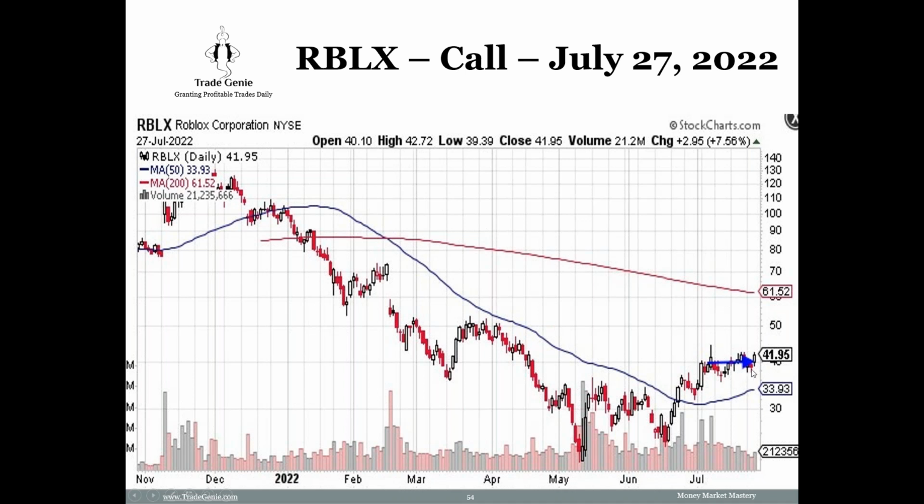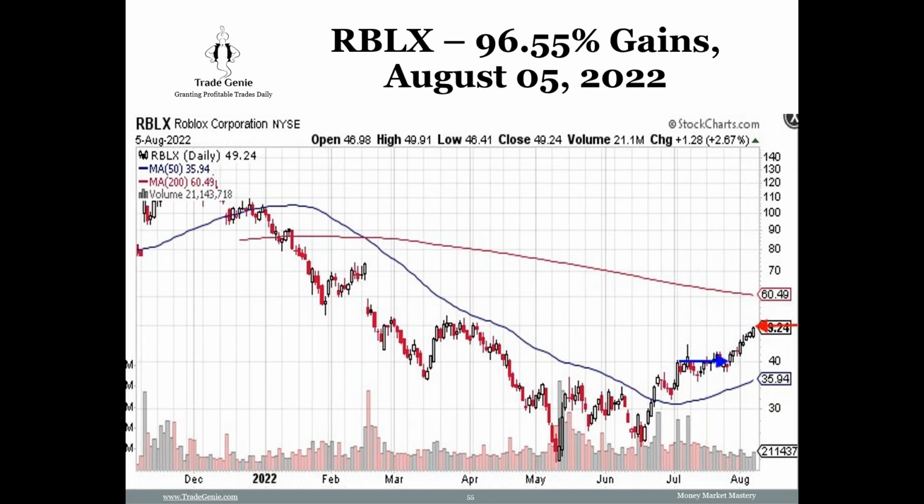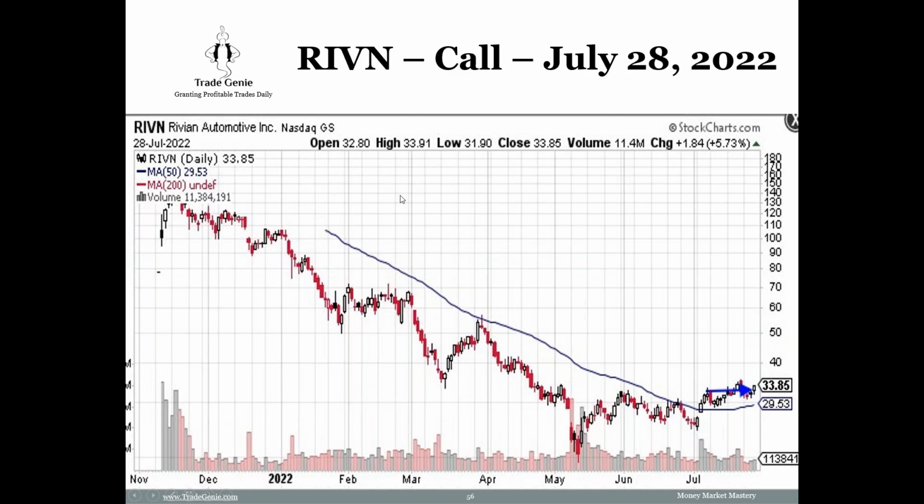So chances are it will hold this, and I will manage by buying more. So bought calls, and this is what happened when it hit the resistance level. This is the third target at 49. So any target which is close to 50 is a major target. So 50, 100, etc. And it's showing right here. So closed at 96% gain.